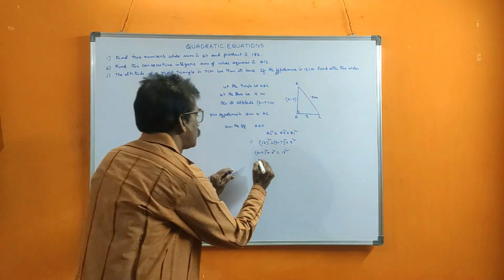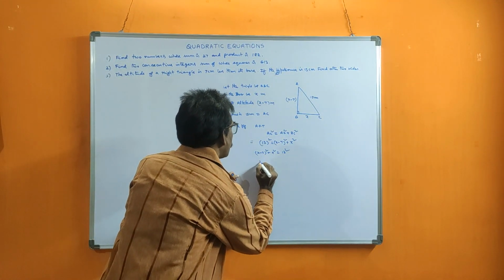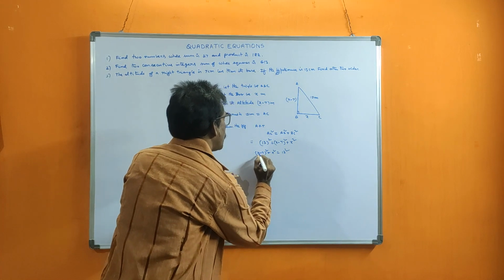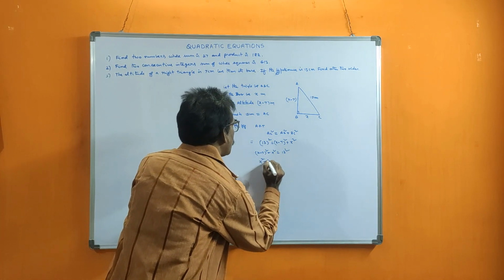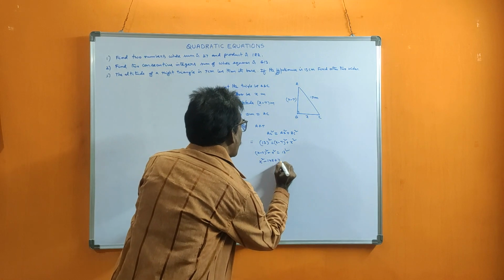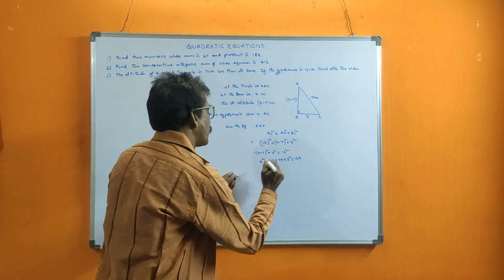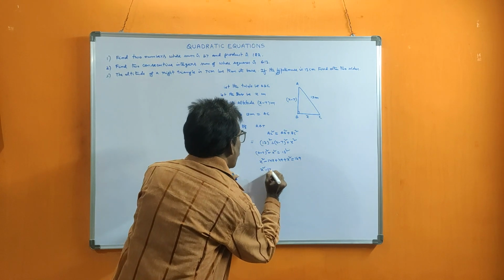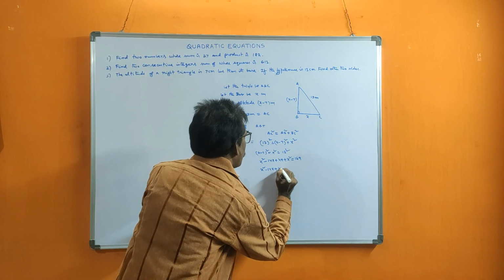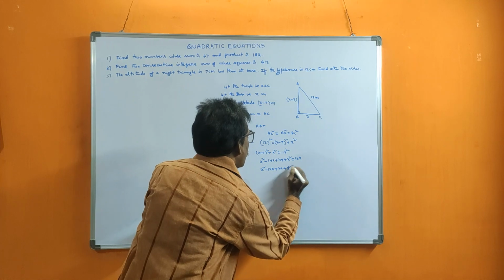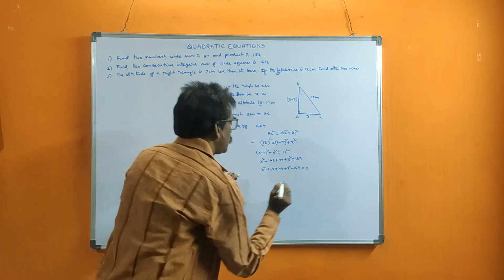Now expand. This is a minus b whole square, so a square minus 2ab plus b square: x square minus 2 into 7 is 14x, plus 7 sevens are 49, plus x square is equal to 13 square, which is 169. Now x square minus 14x plus 49 plus x square, bring 169 to this side, is equal to 0.